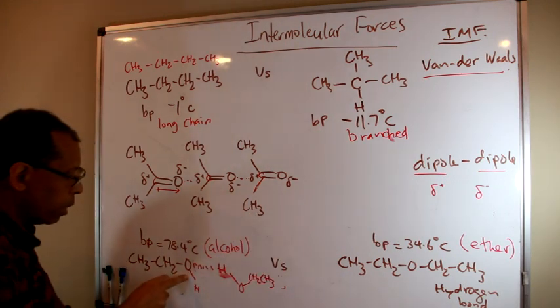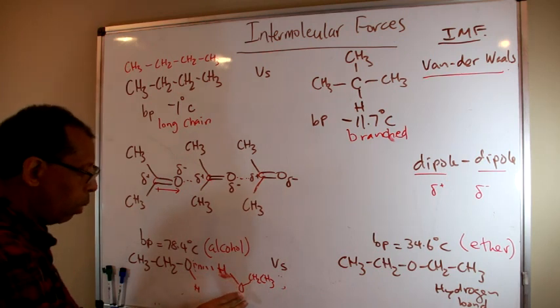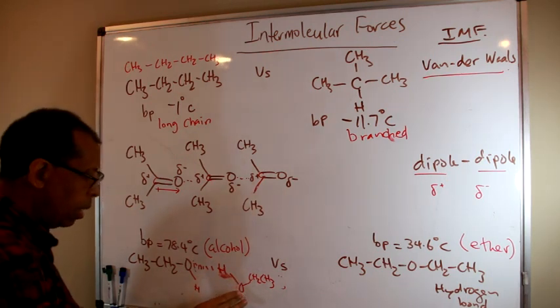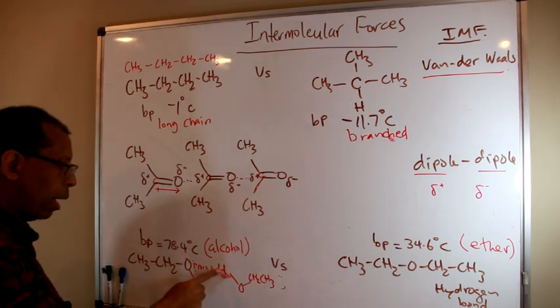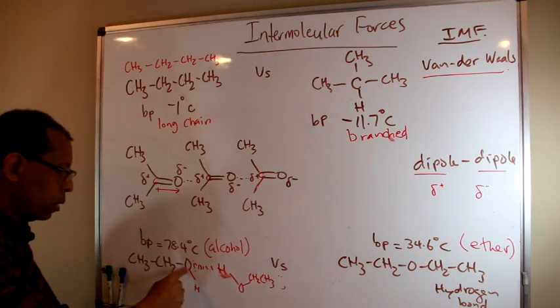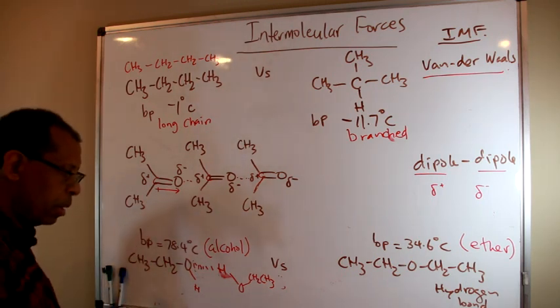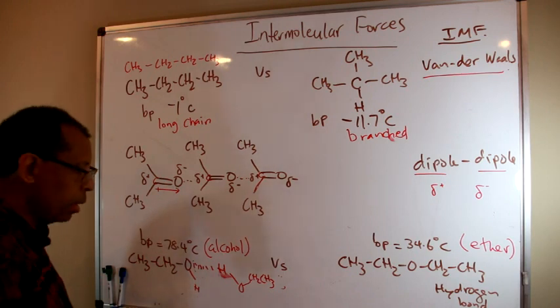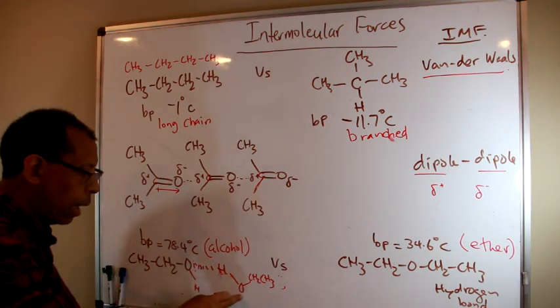So hydrogen bonding always happens with oxygen or another electronegative atom that contains a hydrogen, that can make a hydrogen bond with another molecule. So for a hydrogen bond to happen, you should always have a hydrogen that is attached to an electronegative atom like oxygen.